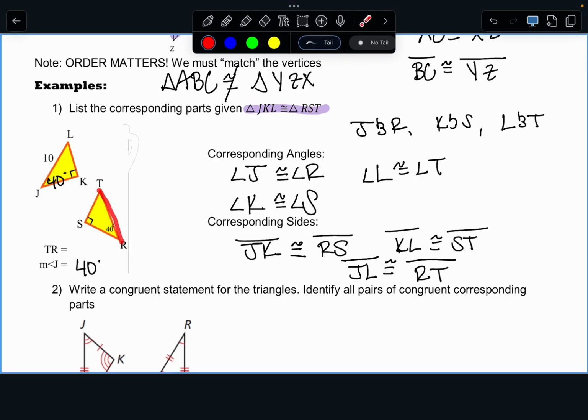Here's segment RT. Are they the same? Yes. Okay. So this is also congruent to TR. It's not from our congruent statement, but it's something else that we know from Unit 1. So if TR is congruent to RT, and RT is congruent to JL, and JL is 10, what's TR? 10. Good. 10.